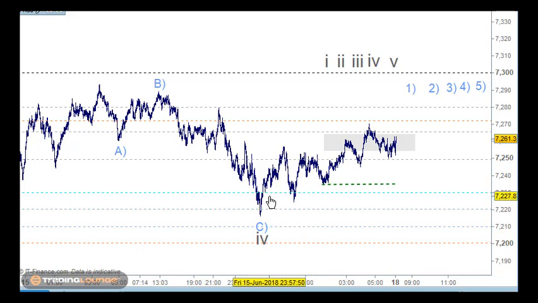This counts up as corrective 2, in terms of an A wave, a B wave, and then 1 and 2 and 3 and 4 and 5. So that can certainly be a top there as well, as an A and a B and a C wave here. But I can't really confirm that until we take this low out here.